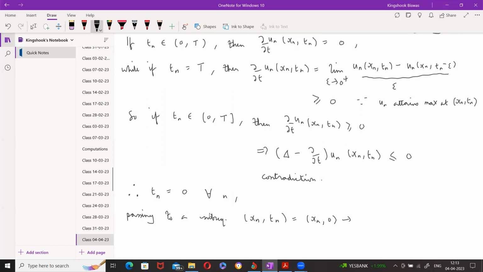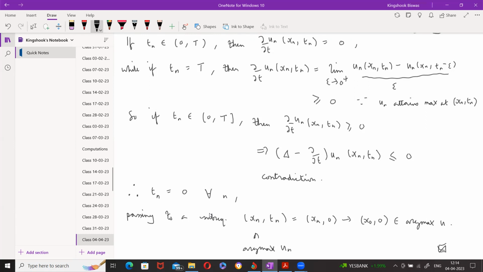This converges to some x0 comma 0. And since the xn Tn's are in argmax of un and un converges to u uniformly, this will be in argmax of u. Is this clear?